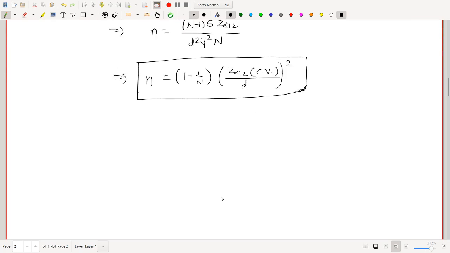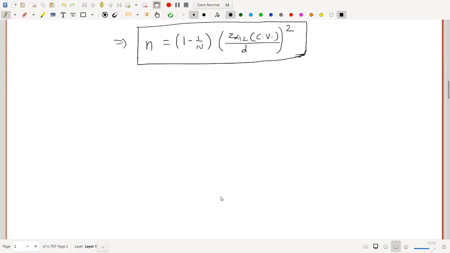Now, remark. If capital N is not given, assume that capital N is very large compared to small n.